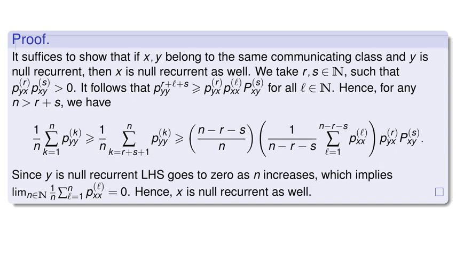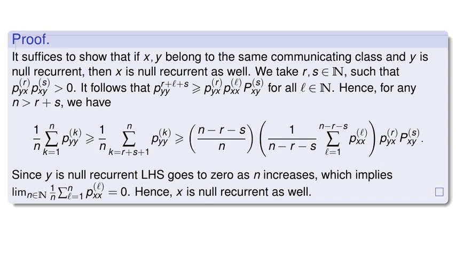So let's take r and s as natural numbers such that p_yx^r times p_xy^s is greater than 0, which is possible because they communicate.